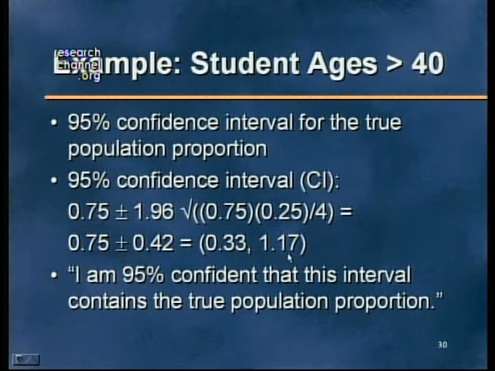But can proportions be greater than 1? No. So I would consider this confidence interval to be bounded by 1. But I'd be able to say I'm 95% confident that this interval that ranges from 33% up to 100% contains the true proportion of individuals in this population who are greater than age 40. Okay, so a simple extension using the same rationale for proportions.